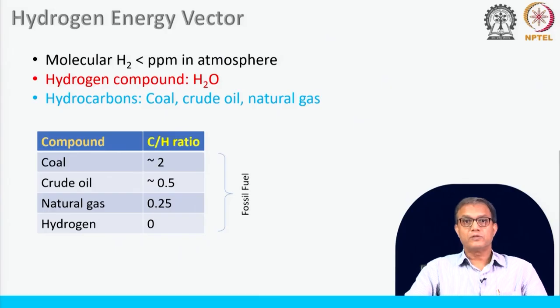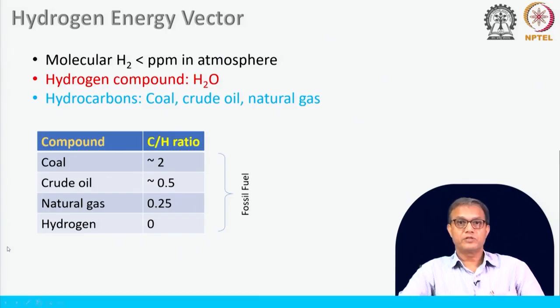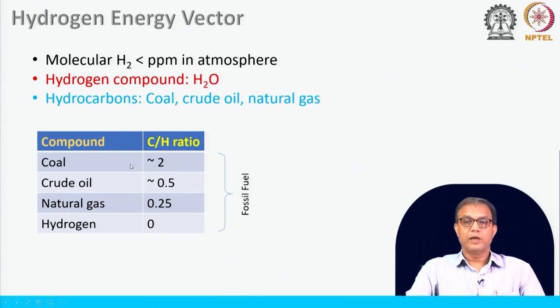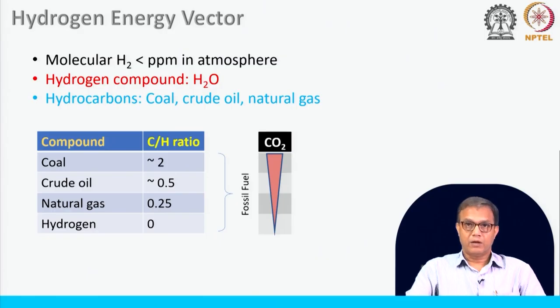The first 3 of these compounds are basically fossil fuel, and from there if we try to generate the hydrogen, we will find that there is cogeneration of CO2, except for hydrogen, since it is not having any carbon in it.